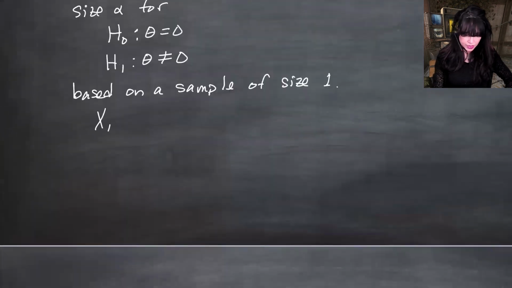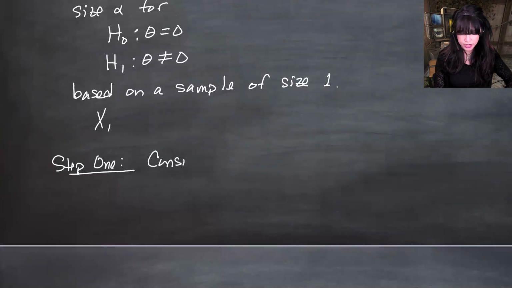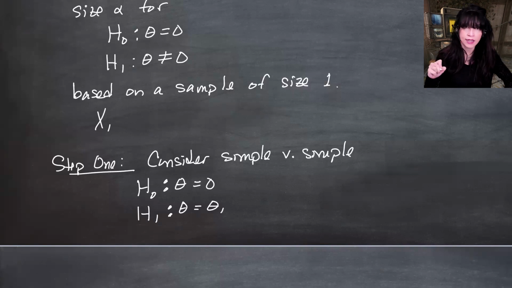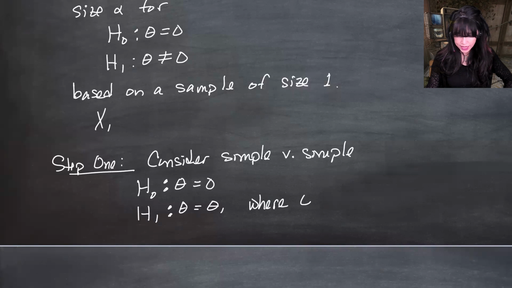Step 1 in finding a UMP is usually to consider first a simple versus simple scenario. I'm going to keep my null hypothesis. And for the alternative, I am going to say theta is some specific theta 1, any number that's not 0. So it's fixed, and again, theta 1 is not 0.